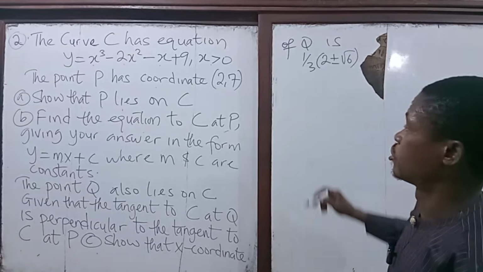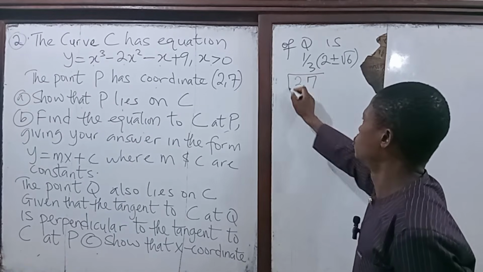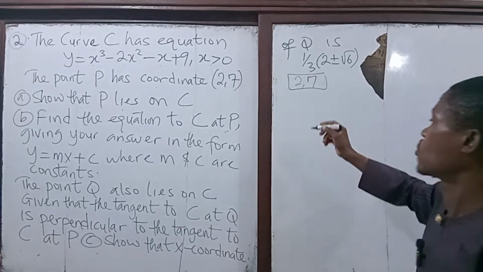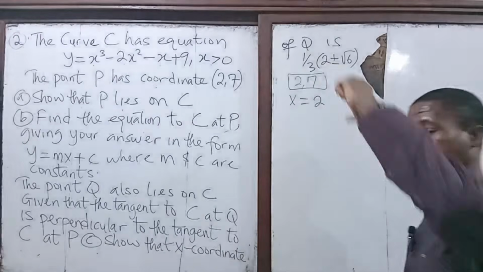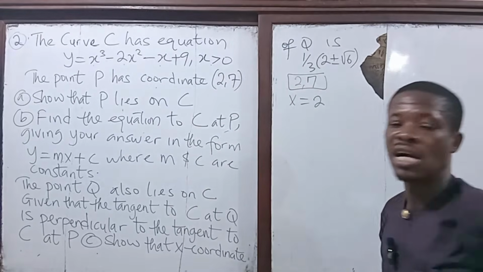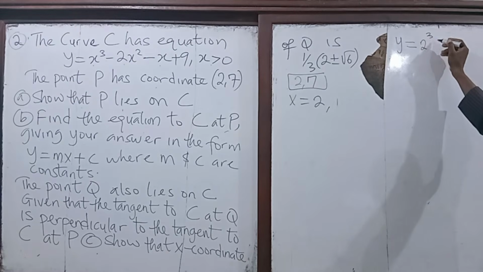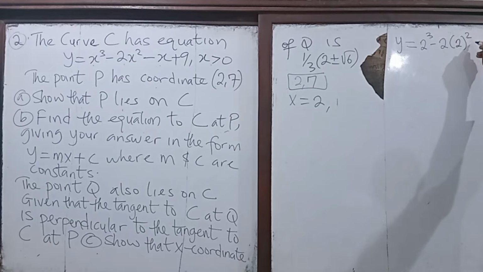P has the coordinates (2, 7). For you to know if it lies on C, we are going to take x equal to 2 from that coordinate and substitute it into the given function. That is 2 to the power 3 minus 2 times 2 squared minus 2 plus 9.